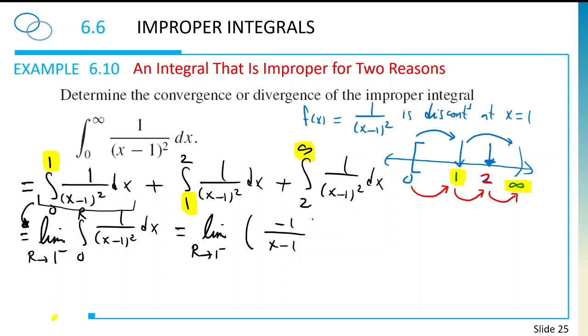Okay, and then I need to do the replacement here from 0 to r. This is equal to the limit as r approaches 1 of negative 1 over r minus 1, minus, let's check at 0. So 0 minus 1 is negative 1. Negative 1 over negative 1 is 1. So this is minus 1.